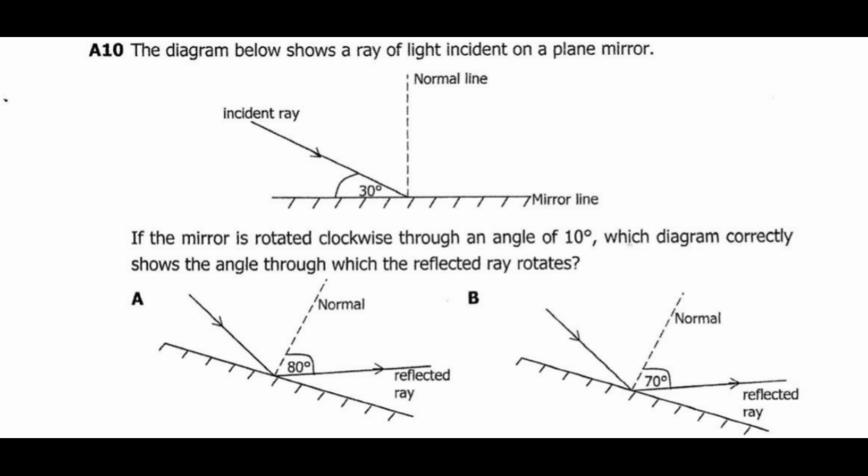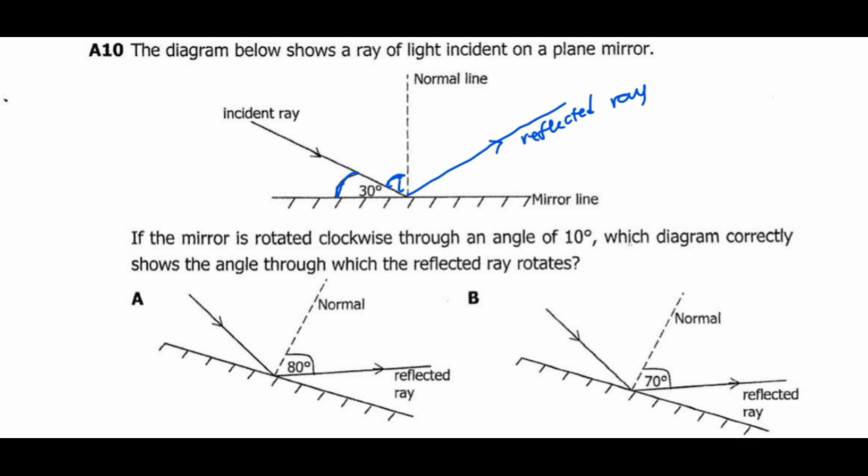So let's try to complete this ray diagram here. The reflected ray will be here. Then we can find the angle of incidence here. The angle of incidence is the angle between the incident ray and the normal. So how can we find the angle of incidence?